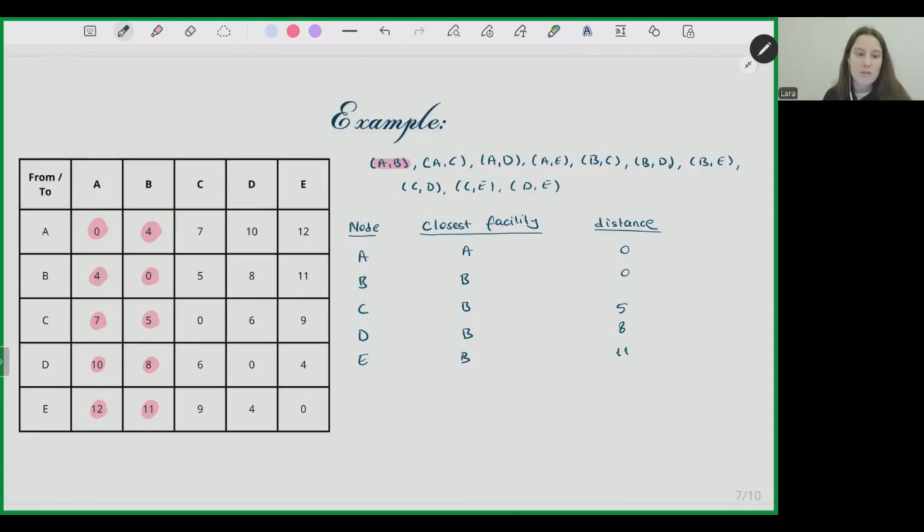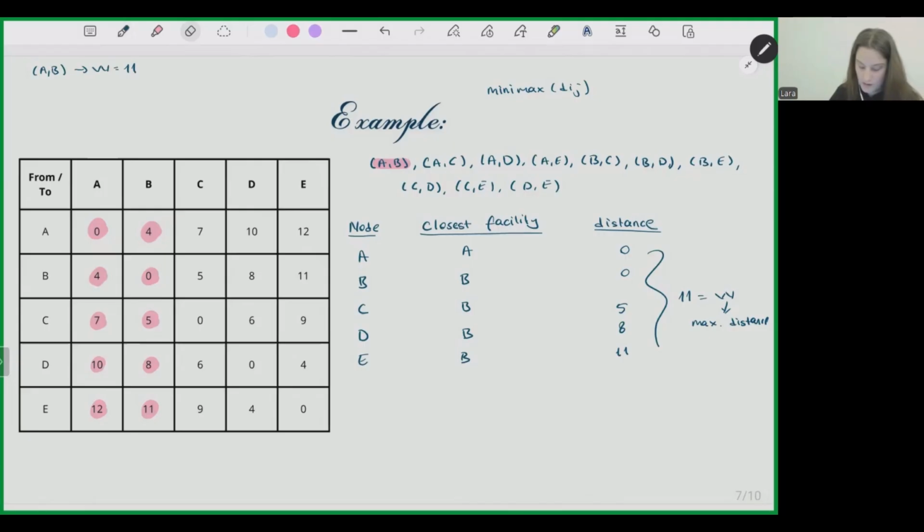So what we're going to do here is we are going to minimize the maximum distance. So here we are first going to look at the maximum distance. It would be 11. So 11 is going to be our W here, the maximum distance. Okay, so let's write this somewhere here. For AB, W is 11.